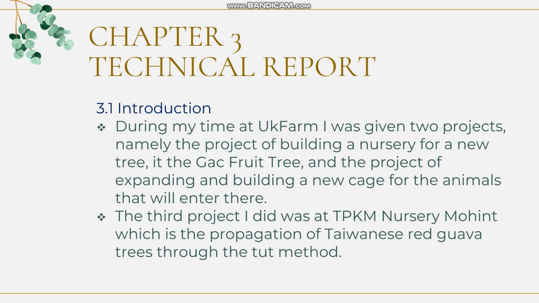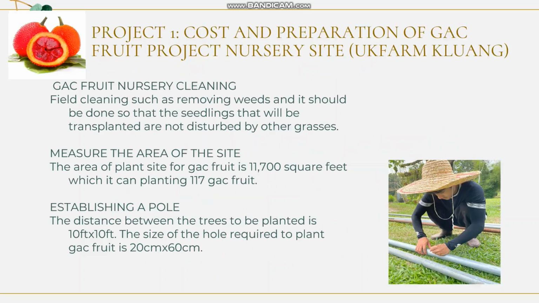The third project I did was at TPKM Nursery Mohint, which is propagation of Taiwan red guava tree through the tooth method. For project 1, cost and preparation of the Fruit project nursery site at UkFarm, Kluang.